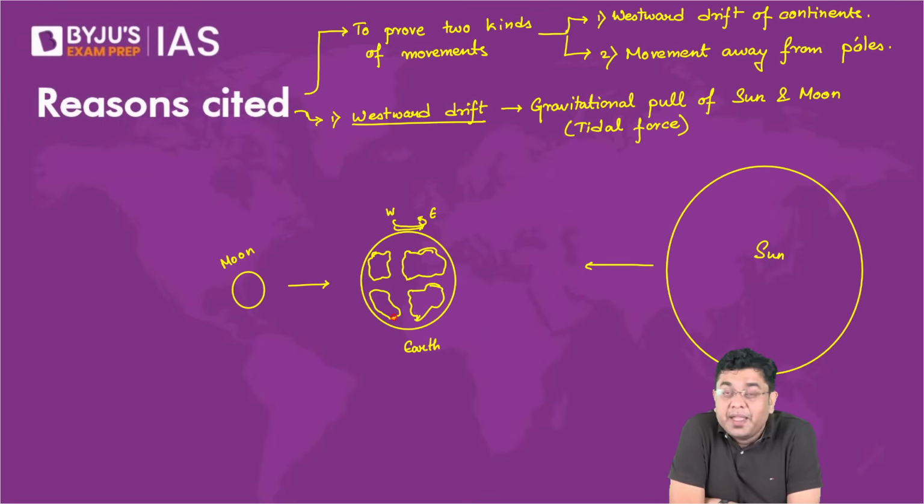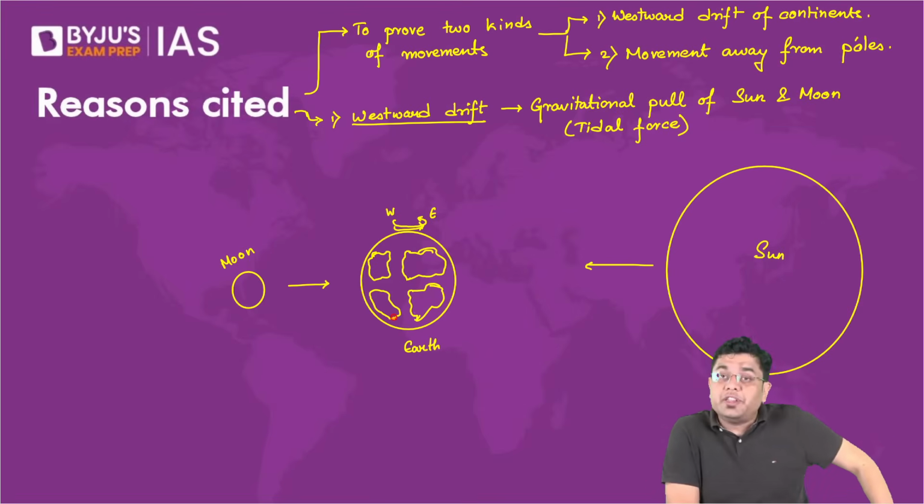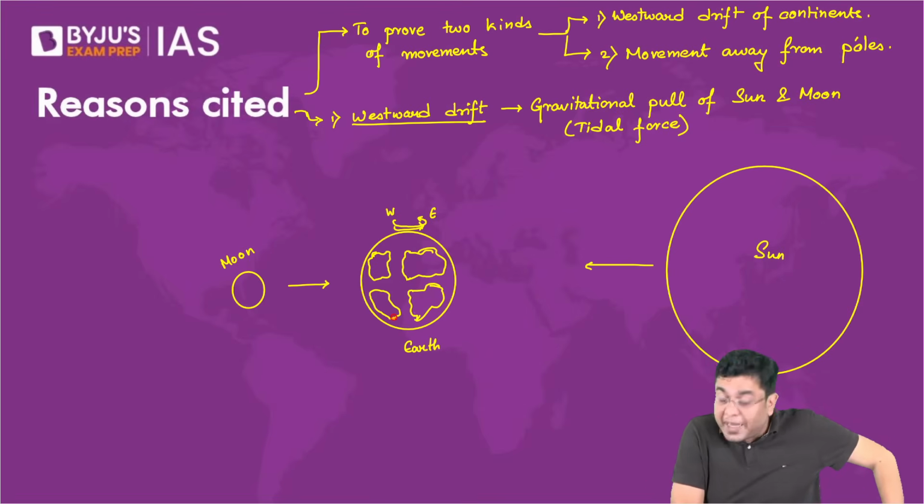But then, the gravitational pull is nowhere as strong to hold the land masses in their place while the planet continues to rotate underneath it. If the gravitational pull of the moon had been that strong, the entire planet Earth would have stopped rotating within 50,000 years itself. But the planet has been rotating for 4.5 billion years and counting. So obviously, this reason was incorrect.